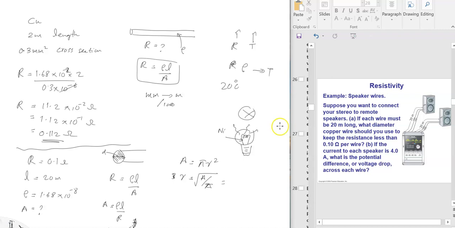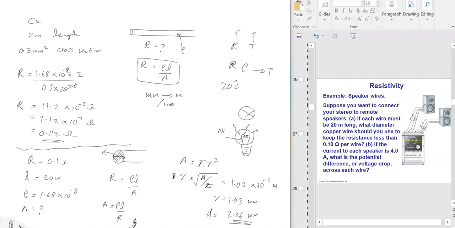I have 1.03 times 10 to the negative 3 meters, that means 1.03 millimeters. That's the radius. So diameter will be twice that, 2.06 millimeters. So I need wires with about 2 millimeter diameter in order to effectively transport current from the system to the speakers.